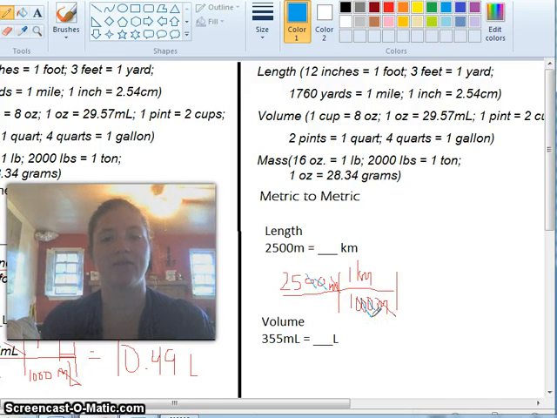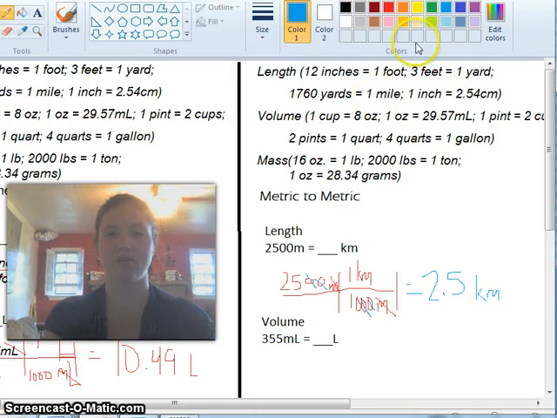And so now I have 25 divided by 10. So if we take 25 and we divide it by 10, we should be able to do this just in our head and end up with 2.5. And so we have 2.5 kilometers out of 2,500 meters.